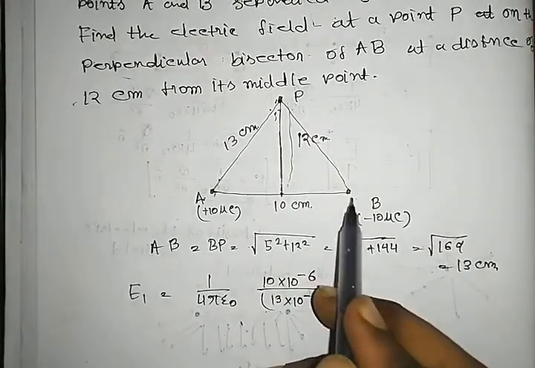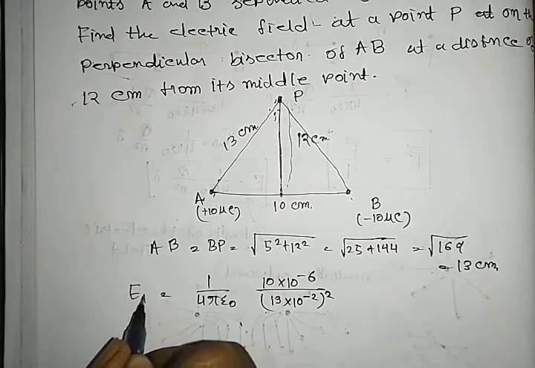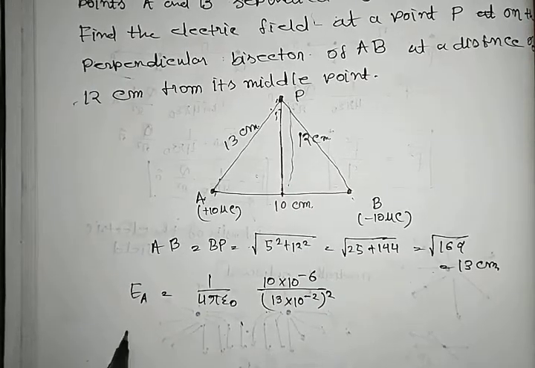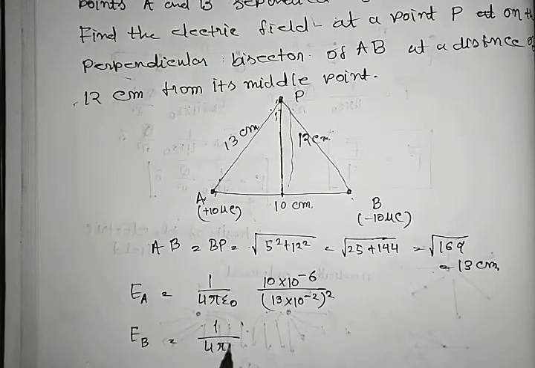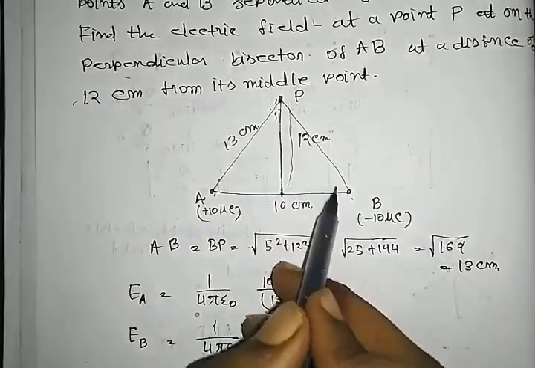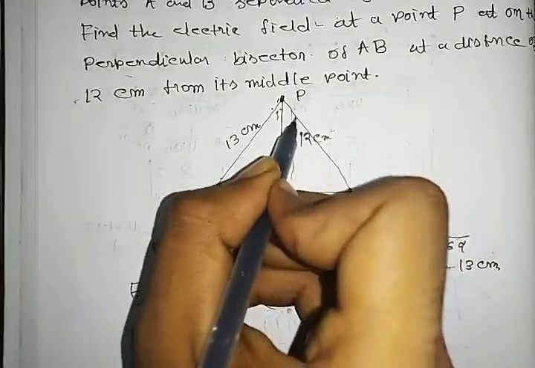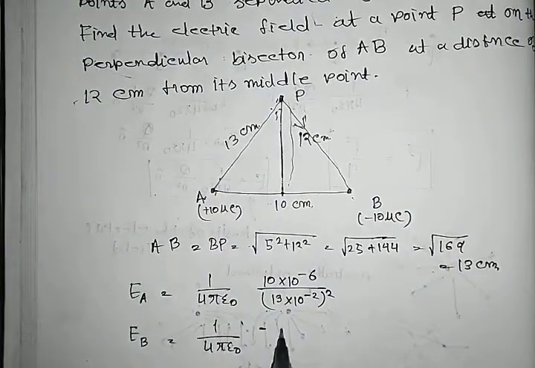Let us call this EA, and that will help us. So the field due to charge B is 1 by 4 pi epsilon 0. Since this charge is negative, this will be an attractive force and will be directed along this line. Well, we'll write a minus sign.